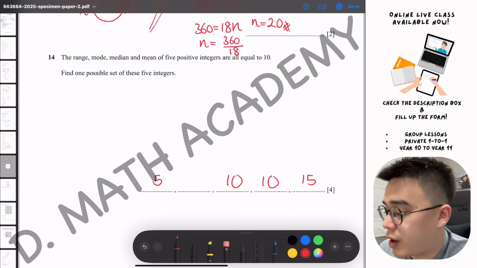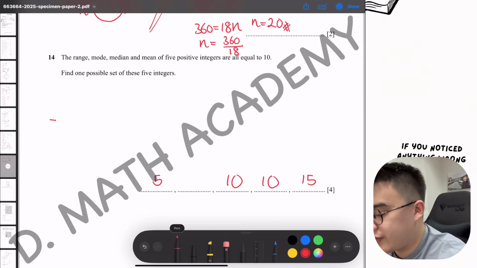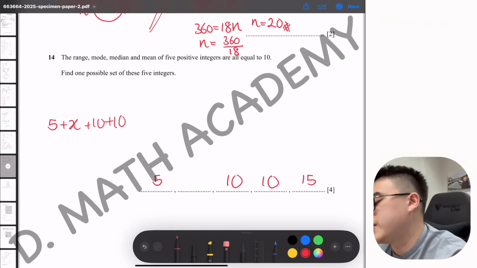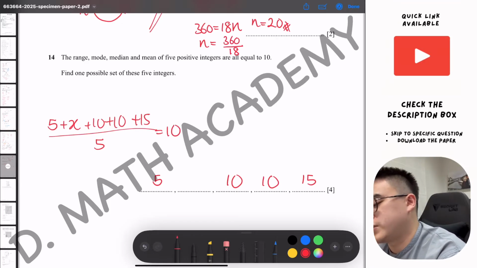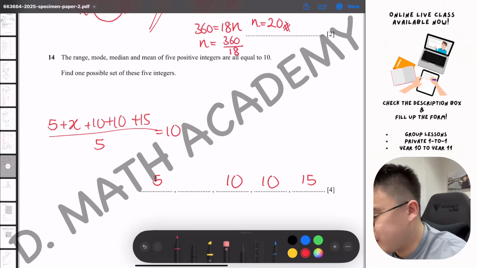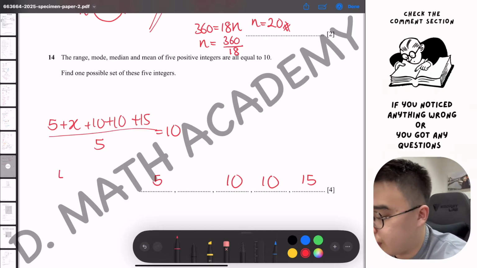So far, whatever I did, there's no remainder. So 5 plus something plus 10 plus 10 plus 15, divided by 5, equals 10. This is the mean. When I completed the calculation, 10 plus 10 plus 15 is 35, 40.